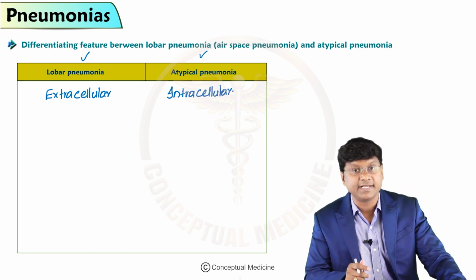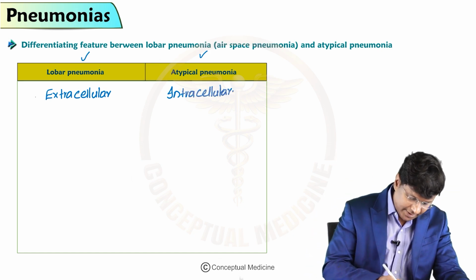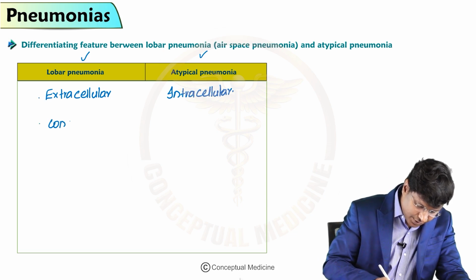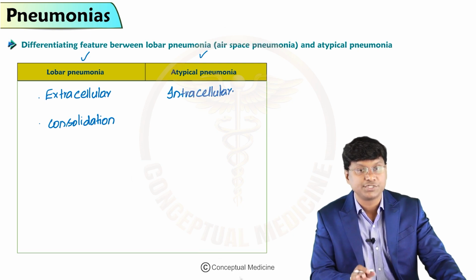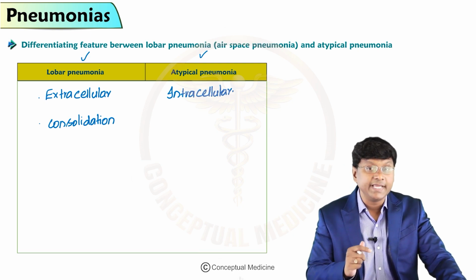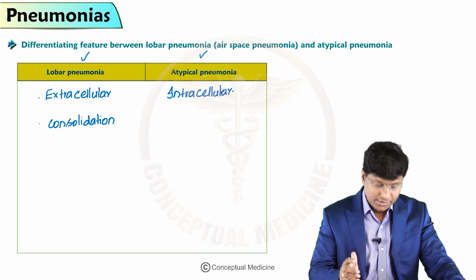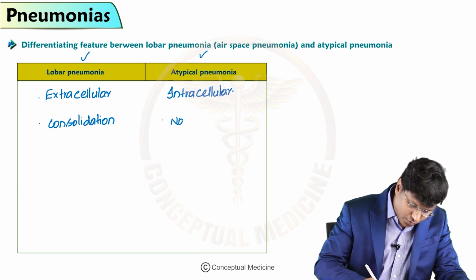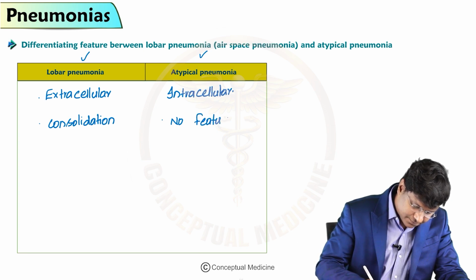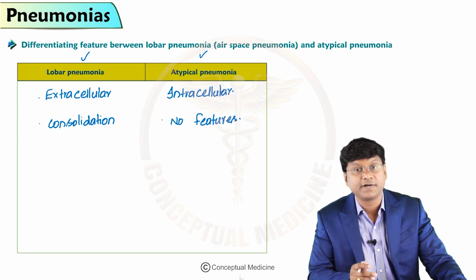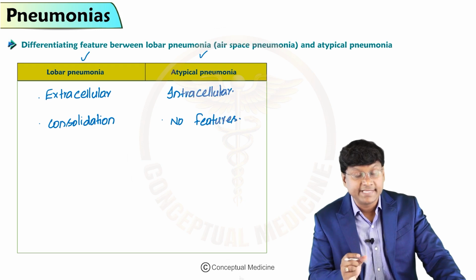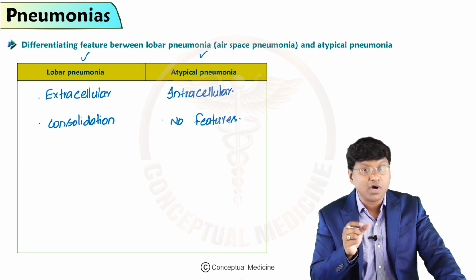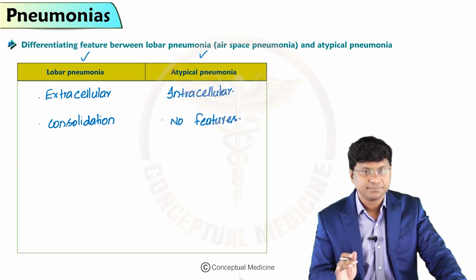In lobar pneumonia, you have the features of consolidation, whereas in atypical pneumonias there are no features suggestive of consolidation, and the inflammation is confined only to the interstitium.